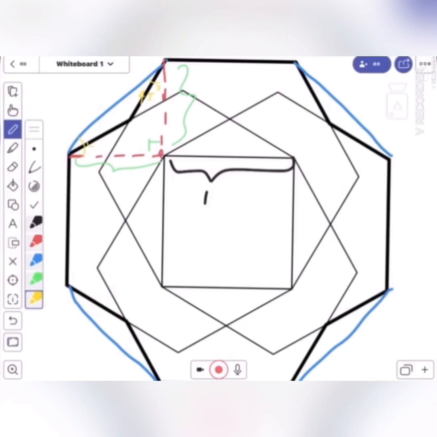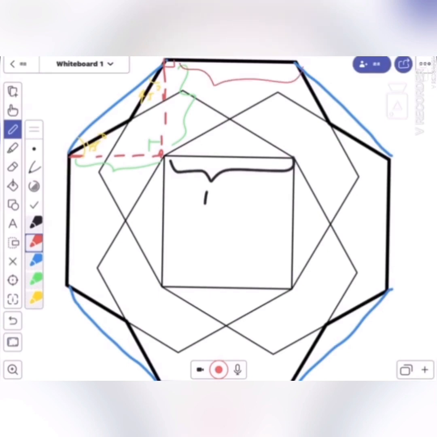So this 45 degrees. And this triangle right here, let me just color it here. This triangle is actually an isosceles right triangle, right? And we also see that this is also a right angle, right?